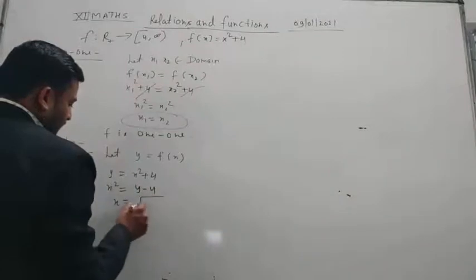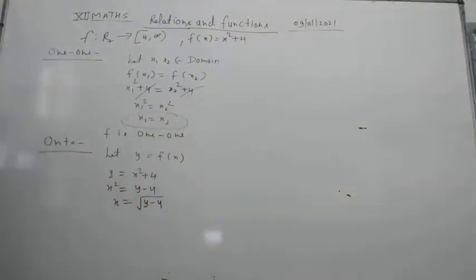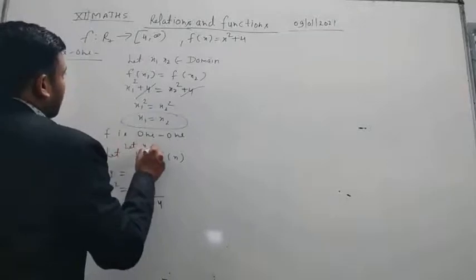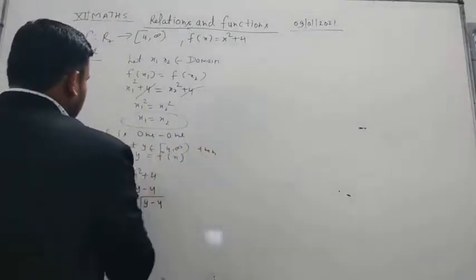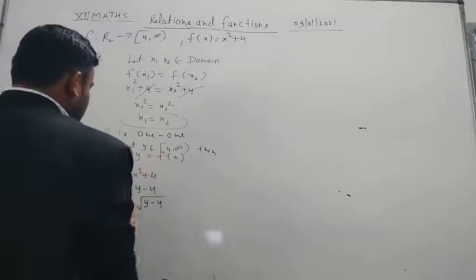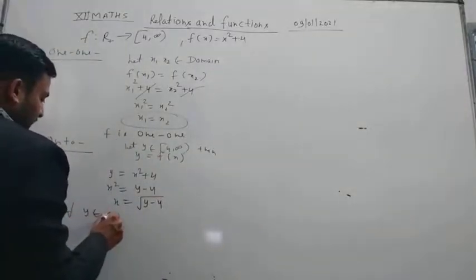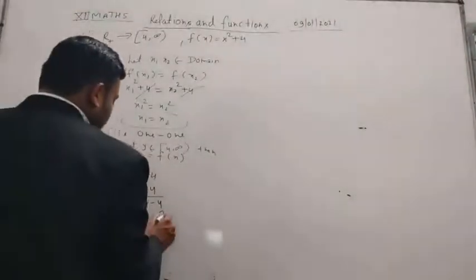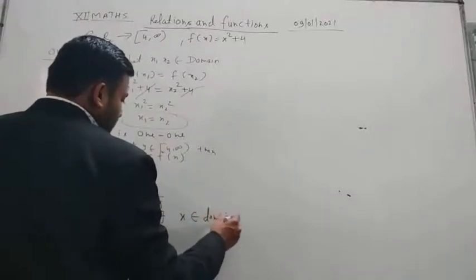So x is equal to under root y minus 4. And let here also that y belongs to our codomain, and then this y is equal to f(x). We are seeing that for every y belonging to the codomain, there exists an x belonging to its domain.